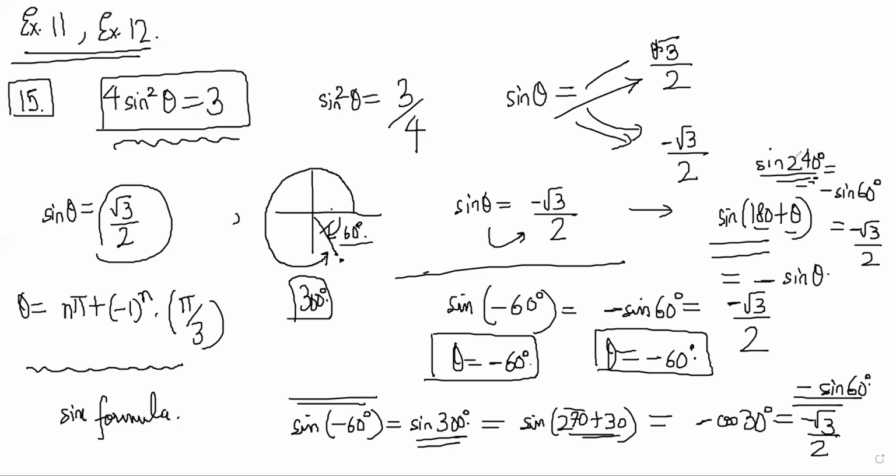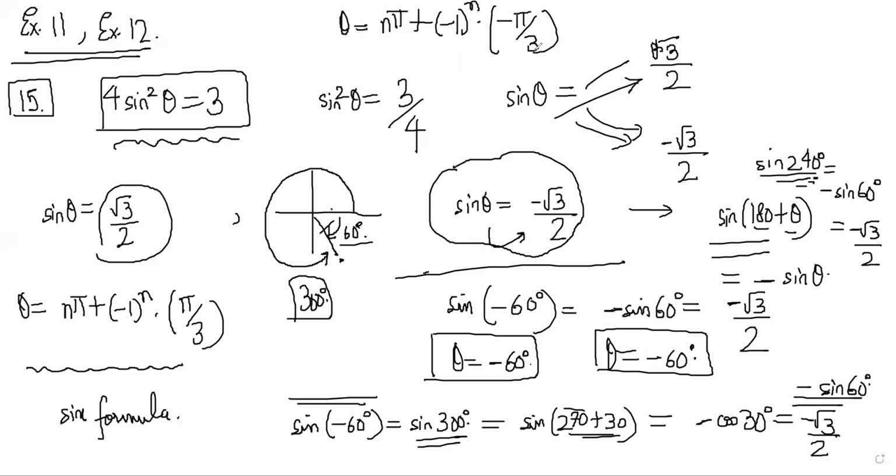It will be fine if you use 240 degrees also, it is possible, but generally you write using small angles, right? So the other formula for this one, the general answer will be theta equal to n pi plus minus 1 to the power n minus pi by 3, right? So the overall answer is basically the combination of this and this.